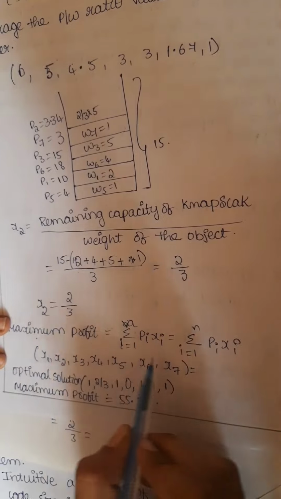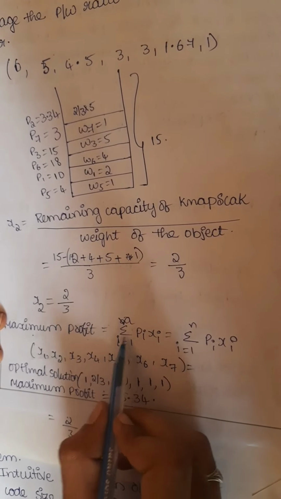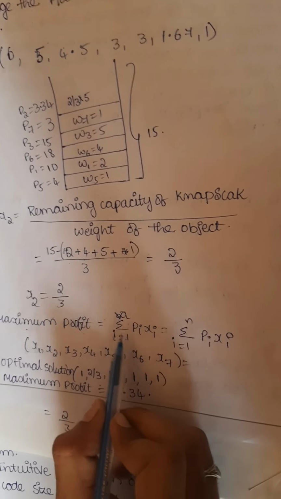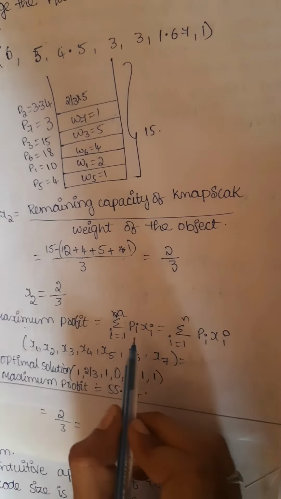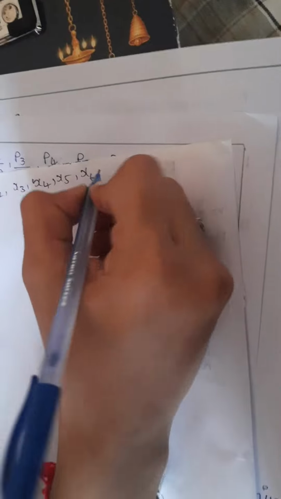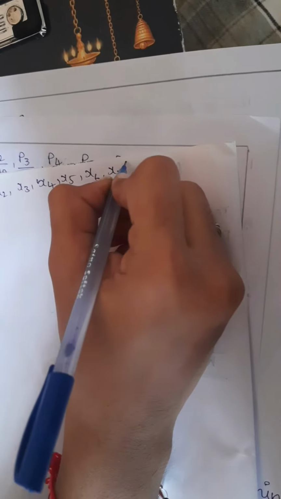The formula for maximum profit is summation of i equal to 1 to n, pi into xi. So let us know about the xi value. We have n number of objects, so x1, x2, x3, x4, x5, x6 and x7.